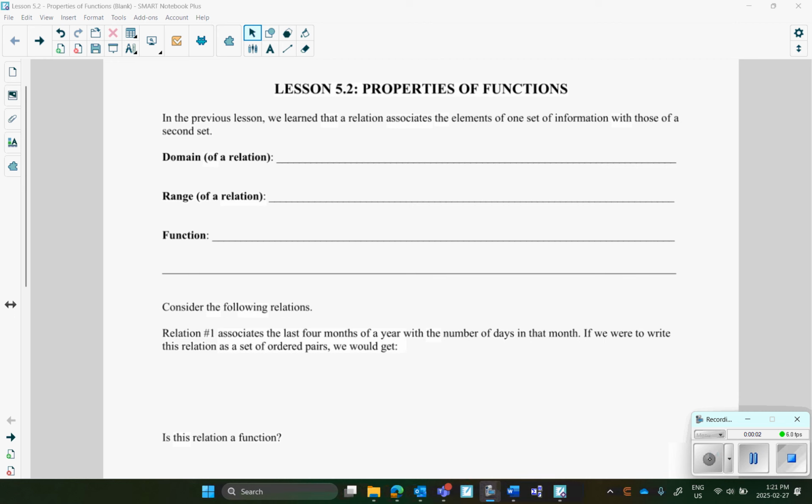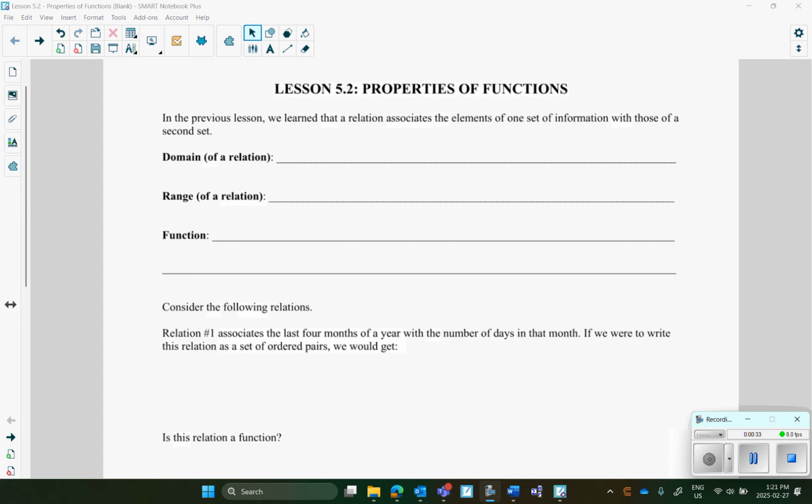And remember, in 5.1, we talked about the idea of a relation. A relation is some rule that associates one set of information with another. So the first set of information could be all of your names in this class.